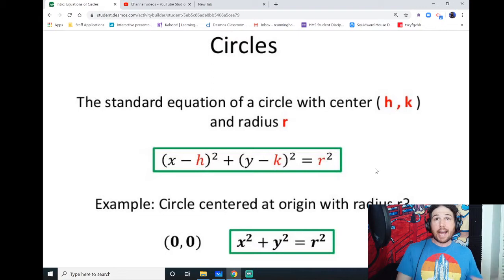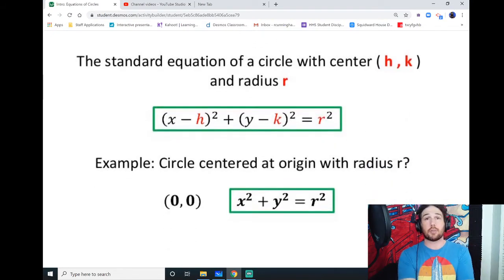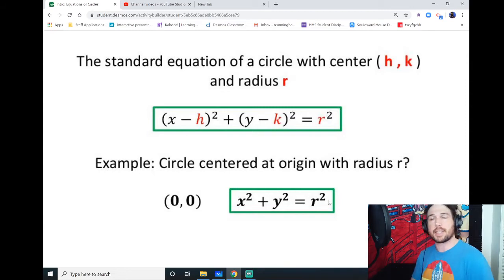So you would get x minus 0 squared plus y minus 0 squared equals r squared. Well, that's what this says, right? x minus 0 squared is x squared. They're the same. So if I wanted to find a circle that had a radius of 4 and it was centered at 0, 0, it would be x squared plus y squared equals 4 squared, which is 16.